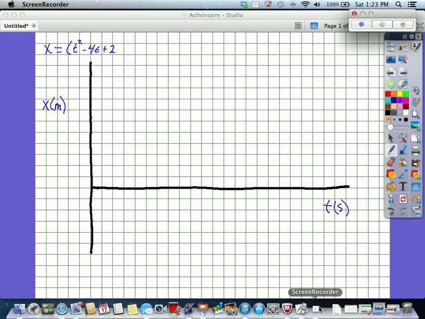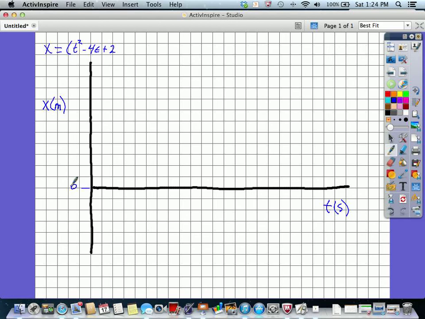Now let's go ahead and plot the points on there. I'm going to do that calculation, get the points on there, and then we'll come back and do the curve. Let's set up a few things here. We're going to say this is 0.